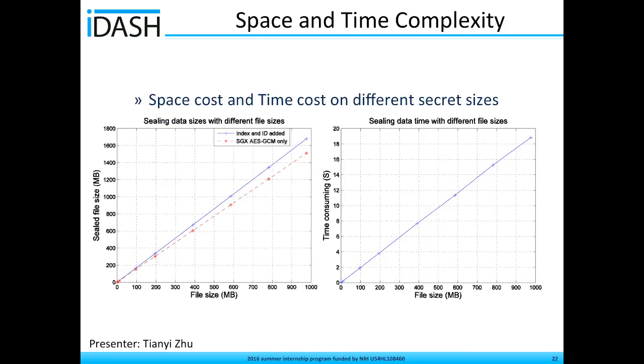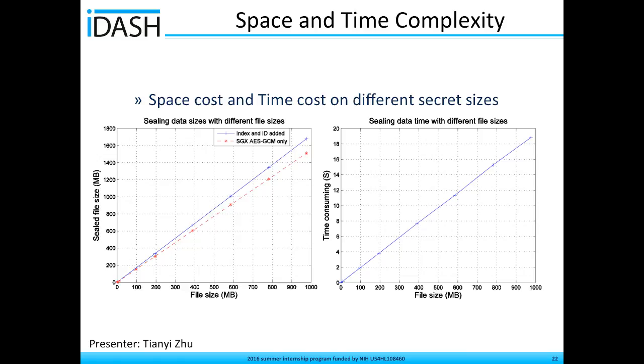So this is the space cost and the time cost of our program. The left picture shows the space cost; the line above takes about 1,700 megabytes for a 1,000 megabyte file. The right picture shows the time cost. It takes about 20 seconds for a 1,000 megabyte file.